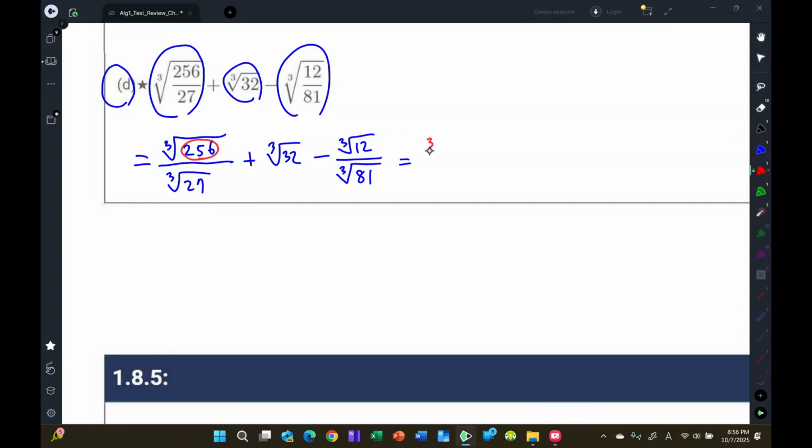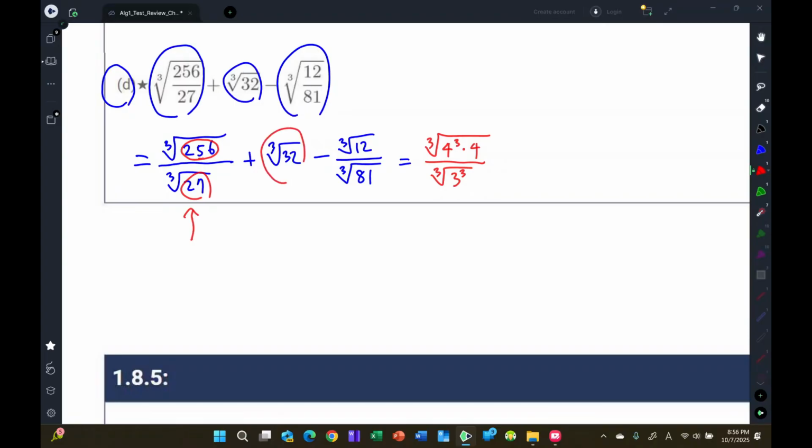So it'll be cube root of 64, which is 4 cubed, and 64 times 4 is 256. Okay? Over, what is this cube root of? Cube of 3, isn't it? So I can rewrite that as cube root of 3 cubed. That's the same thing as 27. So I took care of the first term.